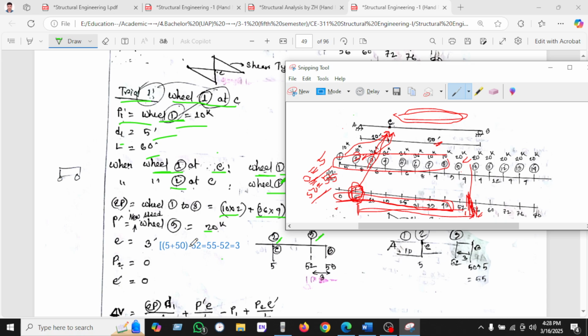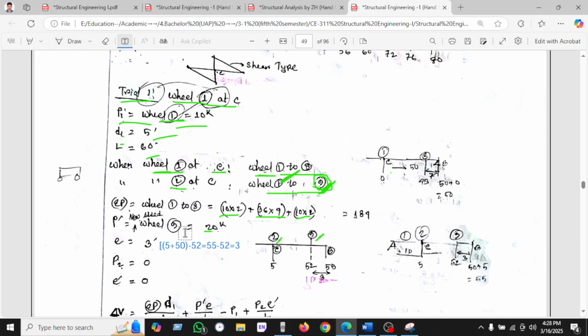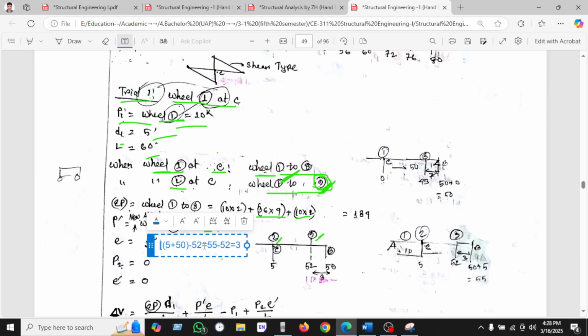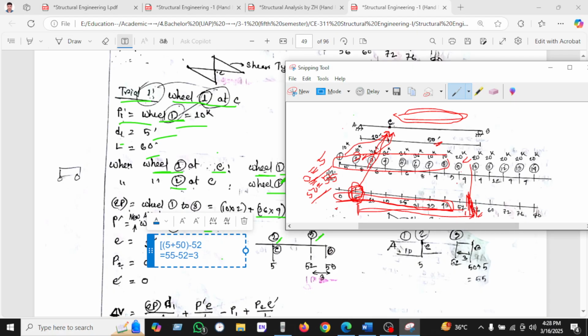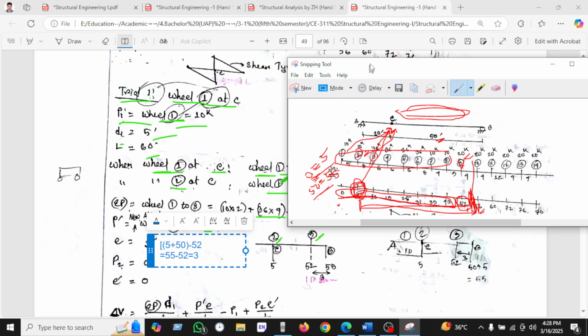So I'm writing here this 5 plus 55, it will be 55. And our set at number 9 will be how much? It will be 52. It is given in the coordinate as 52. This is the 52, as we have been seeing.